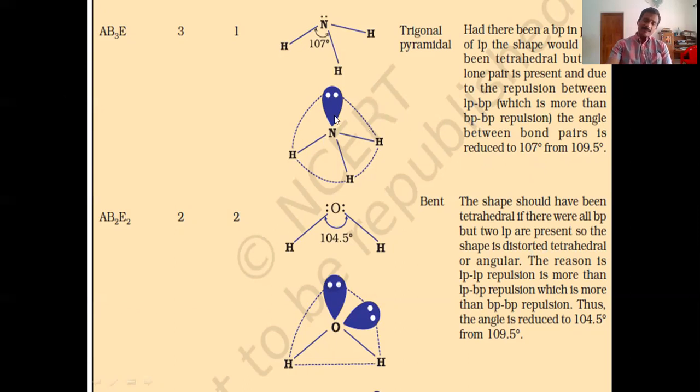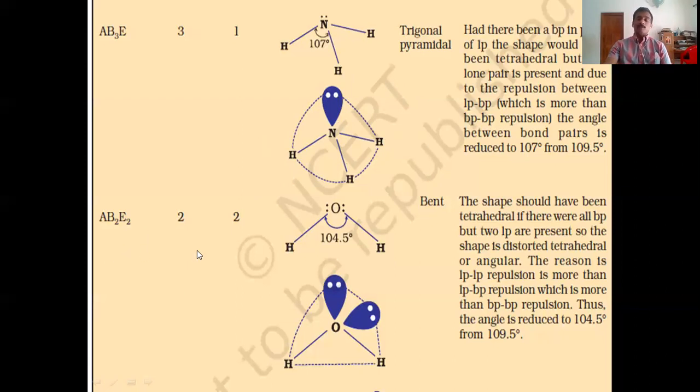So you will get a distorted structure. Instead of tetrahedral structure, a trigonal pyramidal structure or simply pyramidal structure is obtained. Here in this position, only a lone pair. There is no atom to complete the tetrahedron. So since this position is vacant, you will get a pyramidal structure.